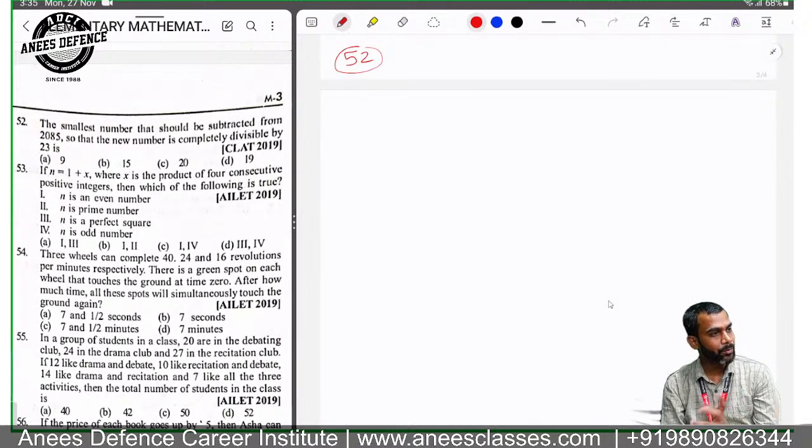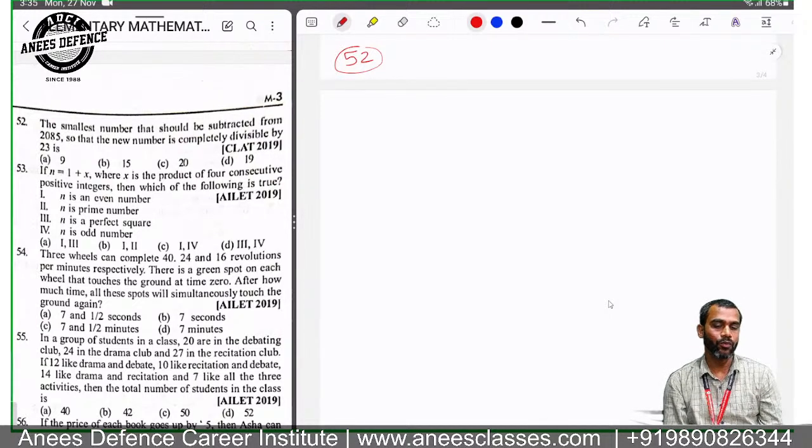We need to divide this number by 23. Whatever the remainder we have, that should be subtracted. Yes or no? Remainder is extra. Dividend is equal to quotient into divisor plus remainder. So if you subtract the remainder, the resultant number would be divisible by the divisor.